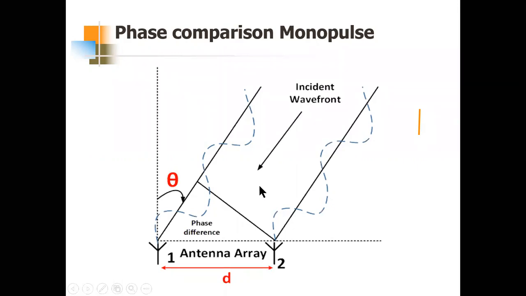If this is the axis from where the distance from the echo signal to both antennas is the same, but this antenna is here, then this distance which you see here is the extra distance traveled by the echo signal to reach this antenna. So this echo signal is going to reach this antenna first and only then the other antenna.